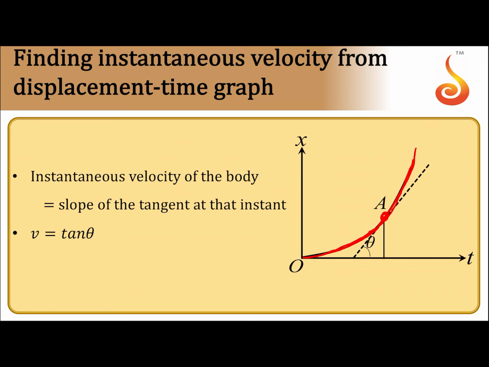I should draw a tangent at that point, and the tangent cuts the x-axis here, and the angle subtended here is theta, and then the slope of the tangent at that point gives us the instantaneous velocity. But how to calculate the slope? Slope is given by tan theta, or graphically the instantaneous velocity is equal to tan theta, theta being the angle subtended by the tangent with the time axis.